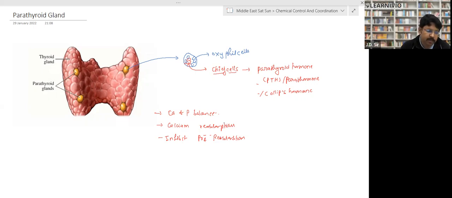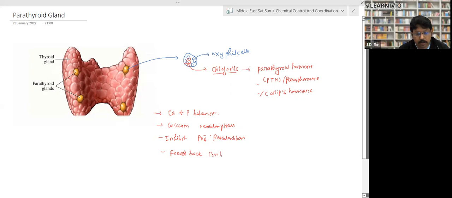Next point. Parathyroid glands are under the feedback control of the calcium level of blood.